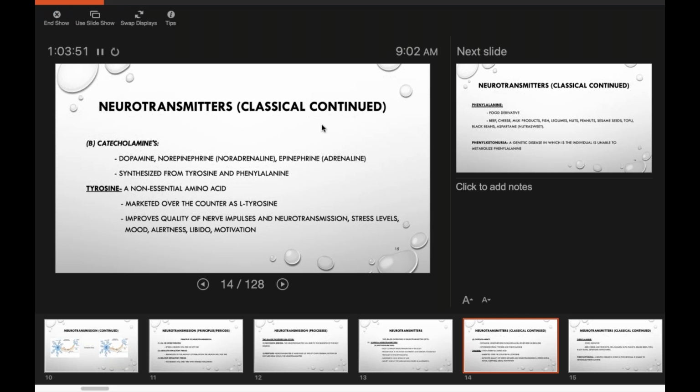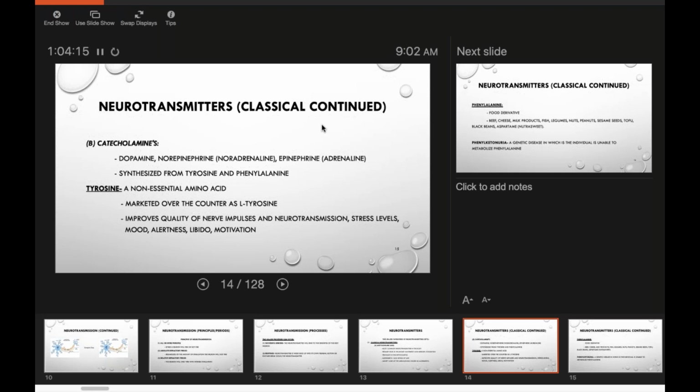How is this linked to tyrosine? Well, say for example, you have a patient that is taking L-dopa and they come in and they say, my niece told me that she heard that tyrosine or L-tyrosine over the counter will help with Parkinson's.